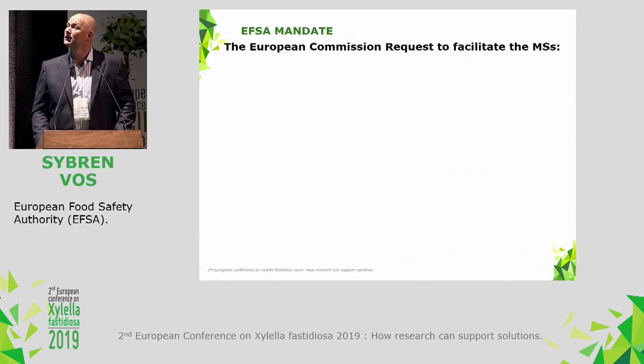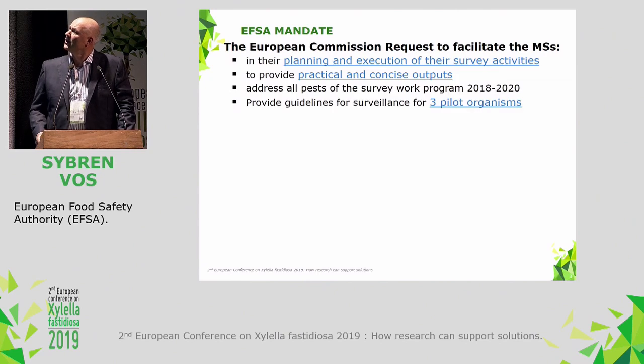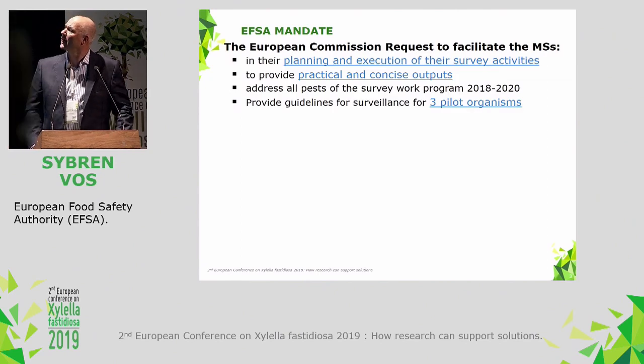In this context, we have received a mandate from the European Commission to facilitate the member states in their planning and execution of survey activities, to provide practical and concise outputs addressing all the pests in the 2018-2020 work program for surveillance of quarantine organisms, and to provide, in particular, guidelines for surveillance of three pilot organisms.